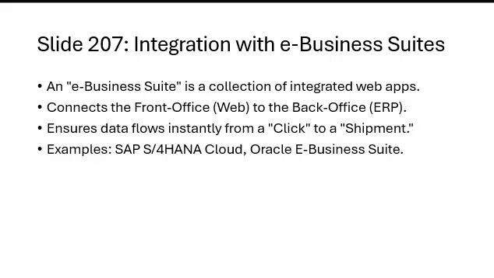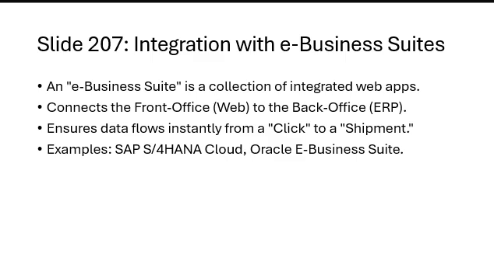Next, we have integration with e-business suites. The e-business suite is a collection of integrated web applications that connect front office web with the back office ERP system and ensure instant data flow from click to shipment.